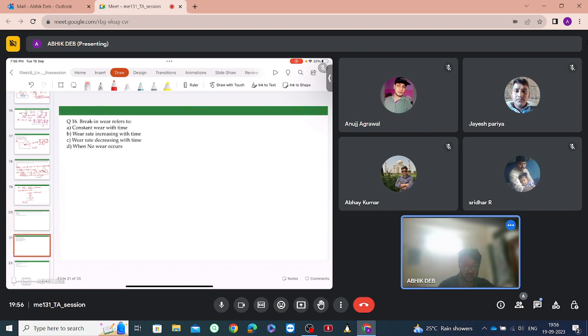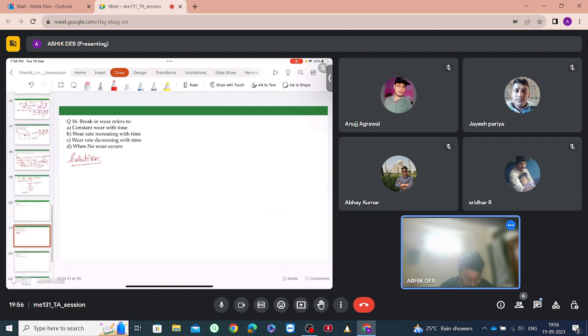Okay. Now coming to the next problem, the break-in wear. Break-in wear refers to which of these? Any idea what is break-in wear?